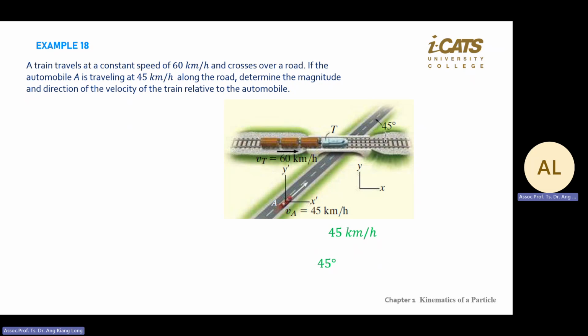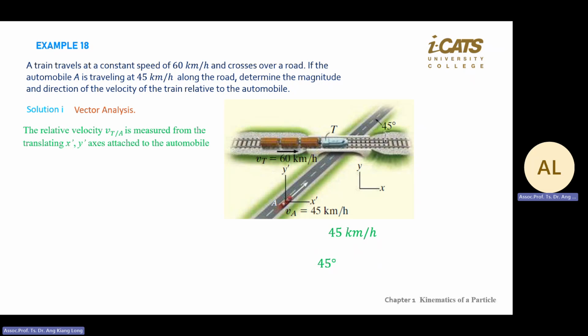Now observe there are two solutions. I use vector analysis first. It asks you for the velocity of the train relative to the automobile.